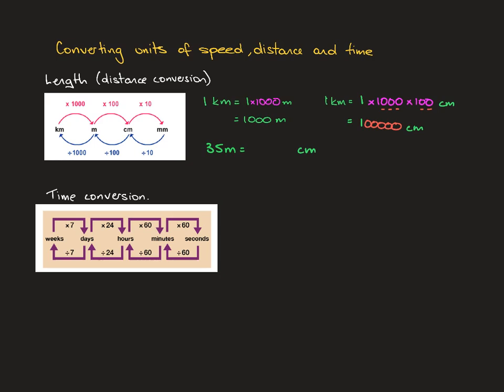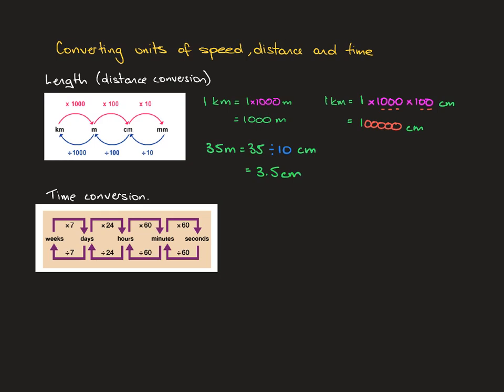I write the 35 and then my conversion factor, which is divide by 10. So 35 divided by 10 is 3.5 centimetres.